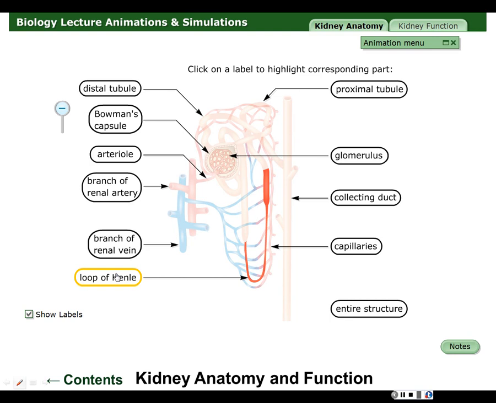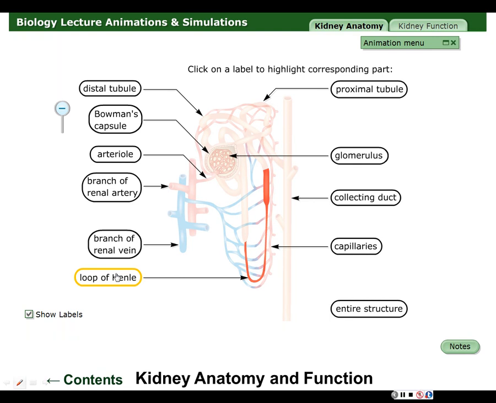So in your lab manual, the right-hand portion of the loop is the descending limb of the loop of Henle. In your lecture notes, I think it's inverted. You have your lecture notes, they're drawn backwards. Either way, you follow it through.